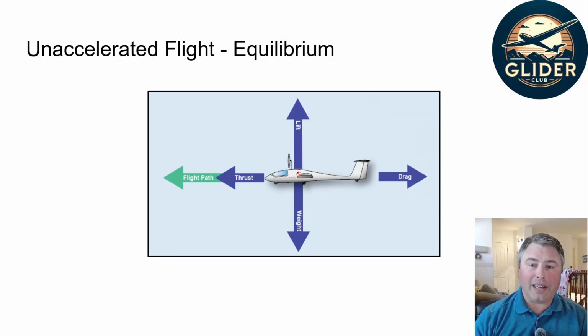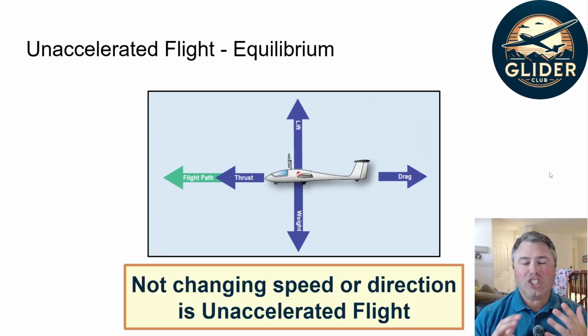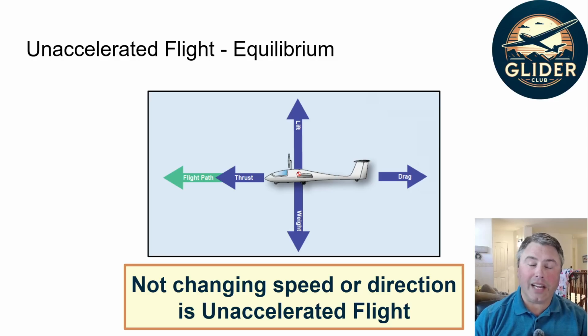When a glider is not changing speed or direction, we say that the glider is in unaccelerated flight, which means the forces are in equilibrium. The forces are equal at that time.